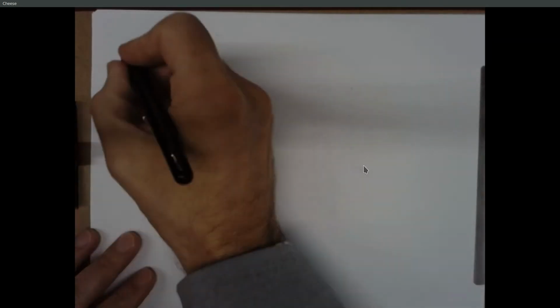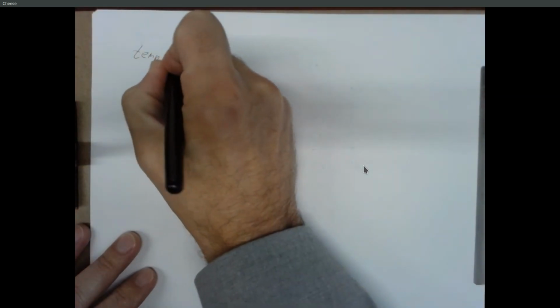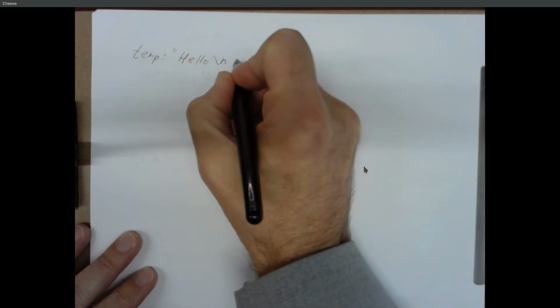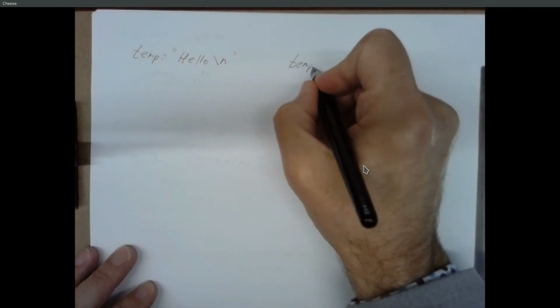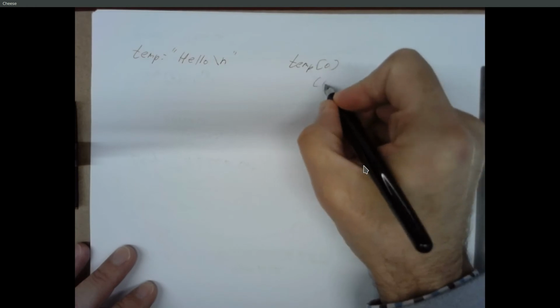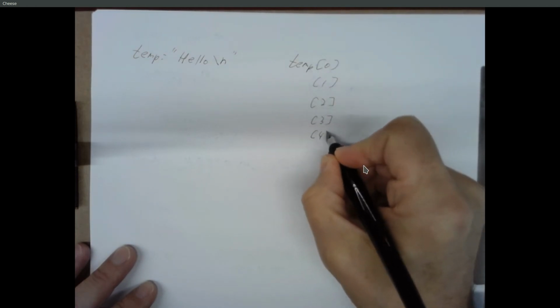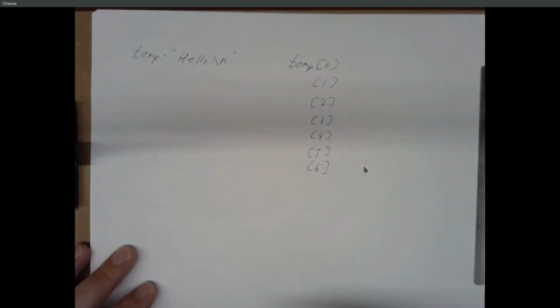Our temp is a character array. And let's say I say hello. It's actually equal to hello new line. So if we look at this as a set of characters stored in an array, what do we have in memory?